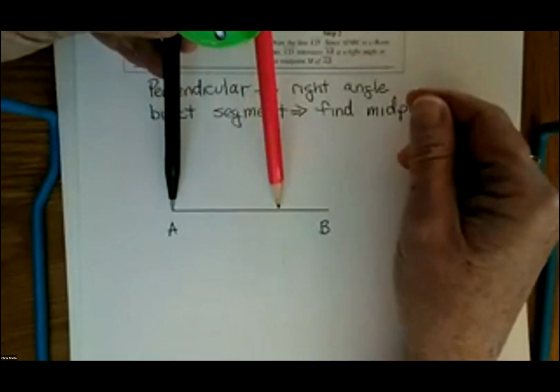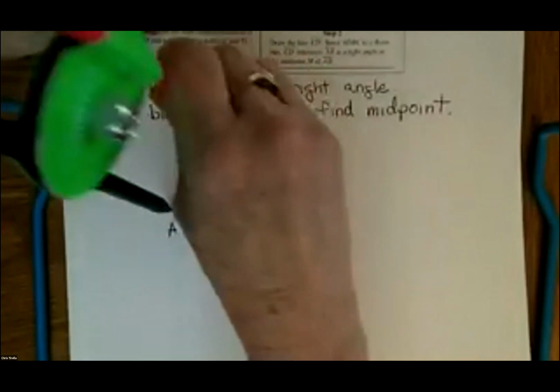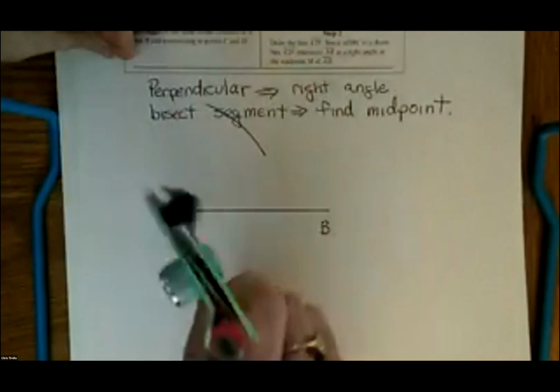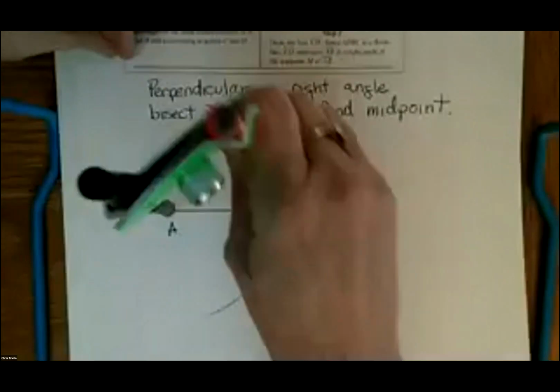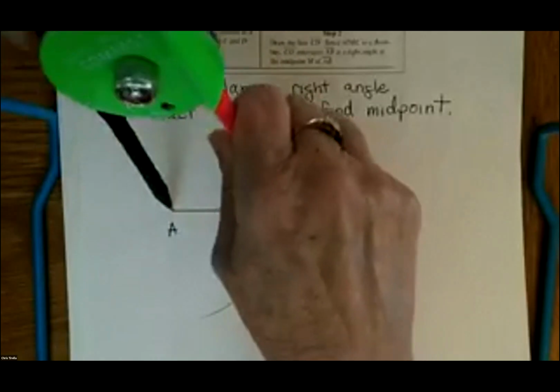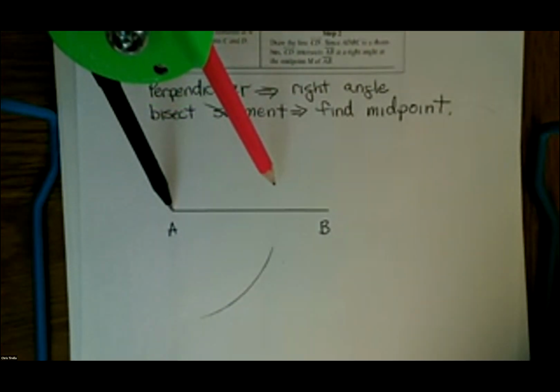And now from A, I'm going to swing an arc above the segment and below the segment. Does everybody have that part drawn?